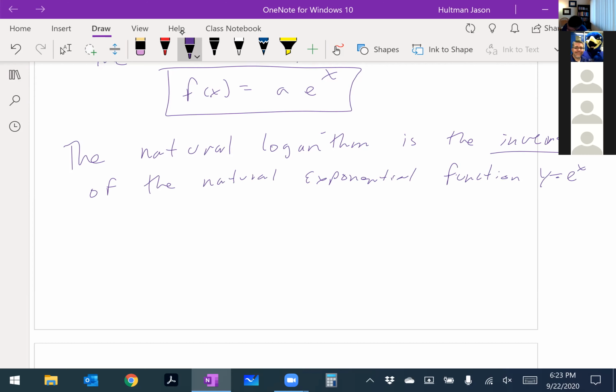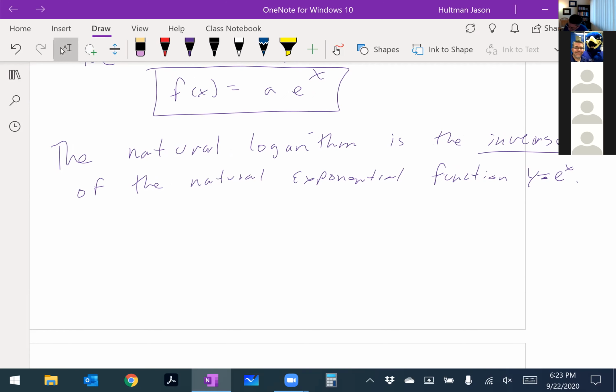Y equals e to the x. Okay, so the natural logarithm is the inverse of the natural exponential function.